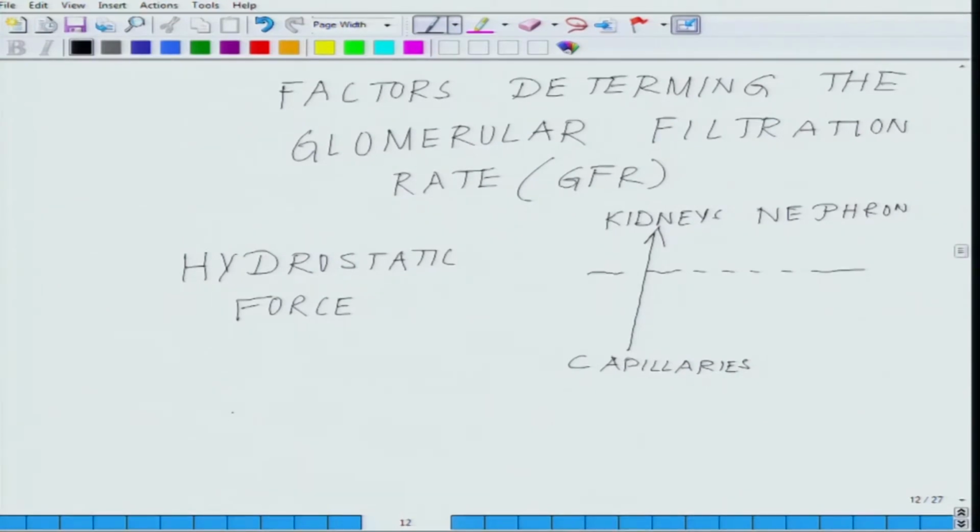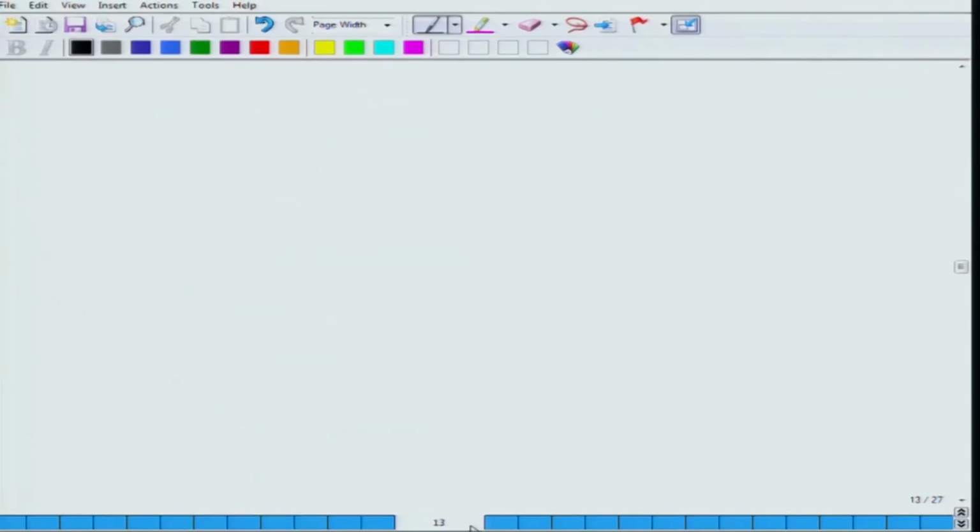Then you have the next force, which is the osmotic pressure. You can also call it hydrostatic pressure or force, or osmotic force or osmotic pressure. Okay. So the relation stands like this.